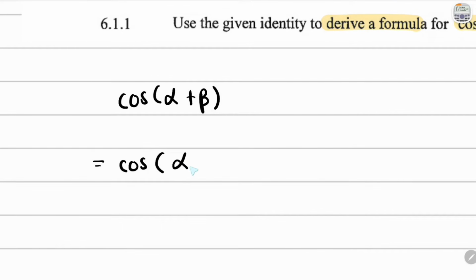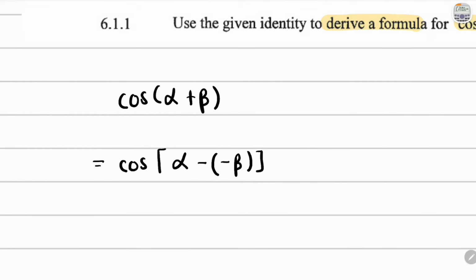Cos of alpha, and then say this is minus, and then we're taking a negative out of that positive. It's like taking a -1 as a common factor out. So we're saying minus, and then what will be left here would be negative beta. And that is the only way we would end up with alpha plus beta again.